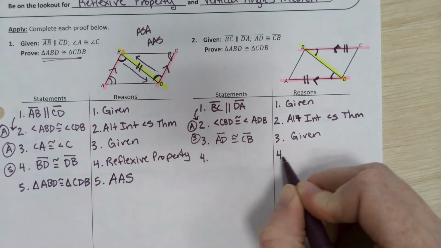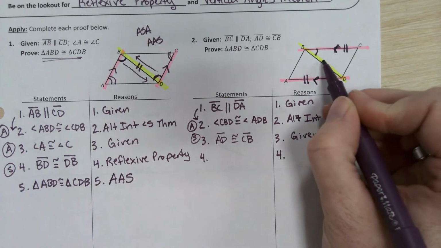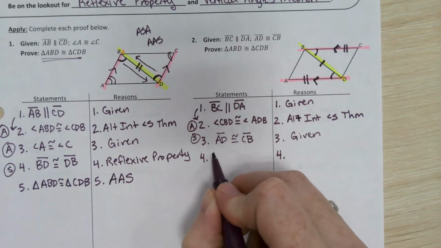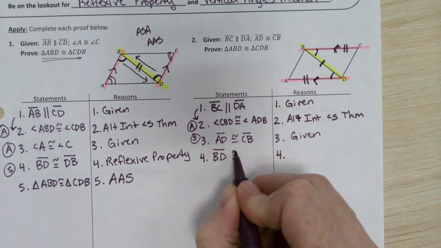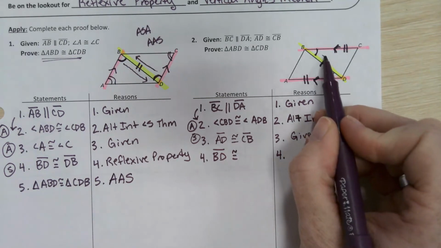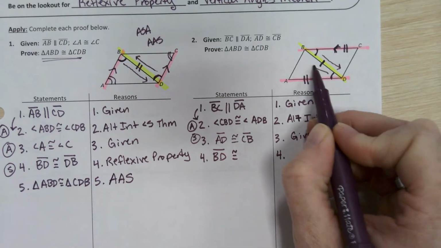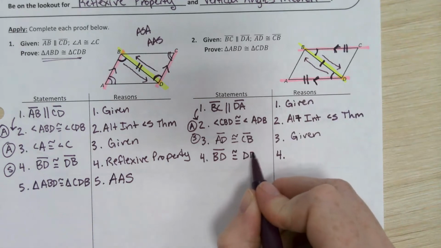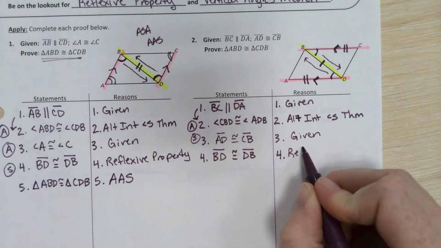And then my last piece of information I think is still going to be that reflexive property where segment BD, if I travel from B to D, would need to reverse itself to match and correspond what's happening in the other triangle.